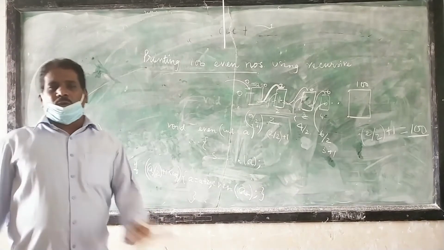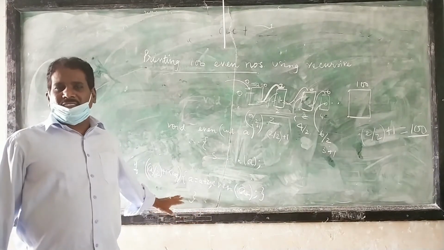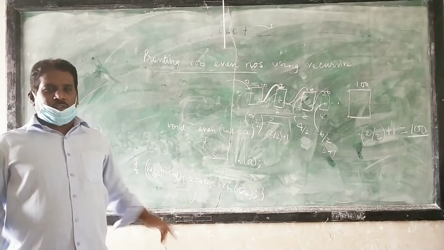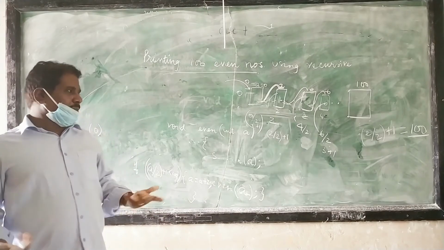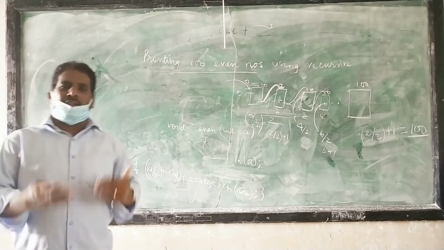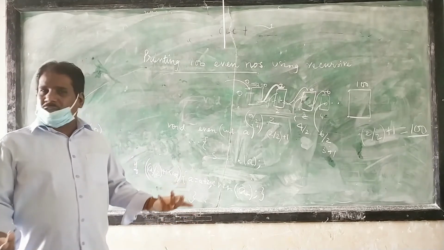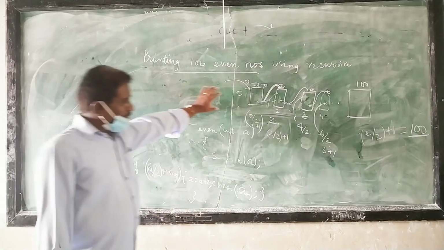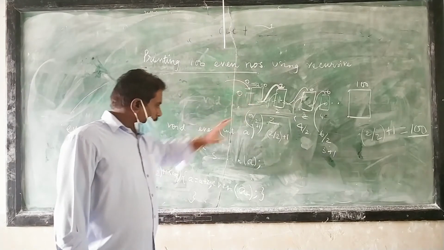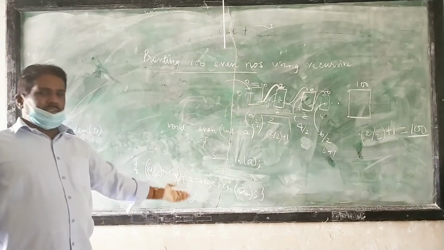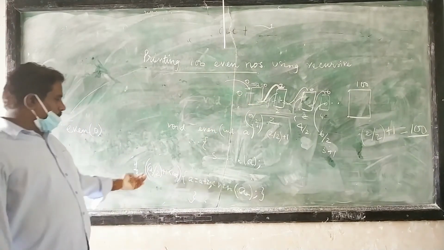I hope you are clear with this example. So what example? Printing the first 100 even numbers. I was not sure what that is, I was also not knowing, but with the diagram I have worked out and brought these steps. These two steps I brought out.